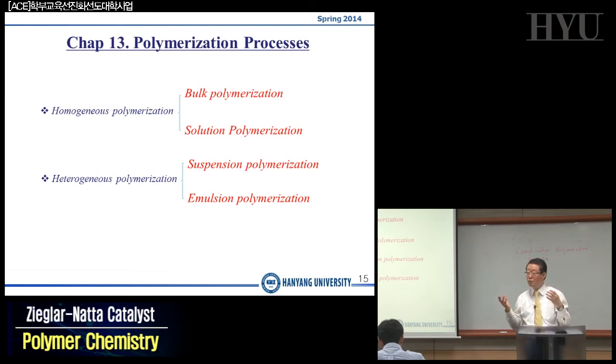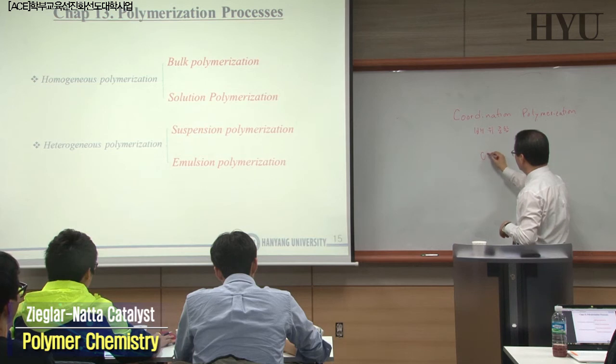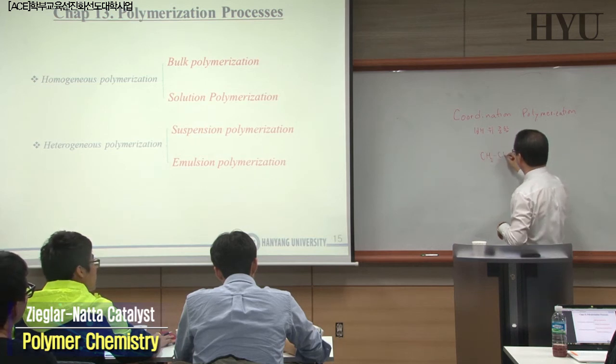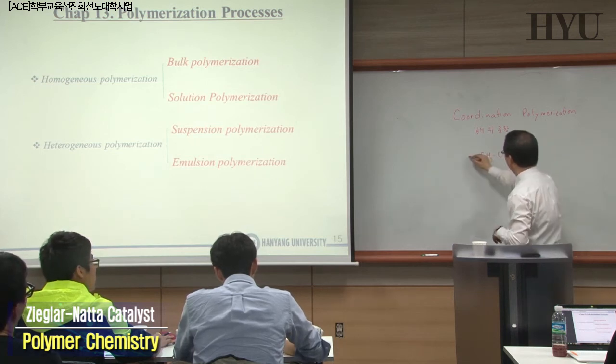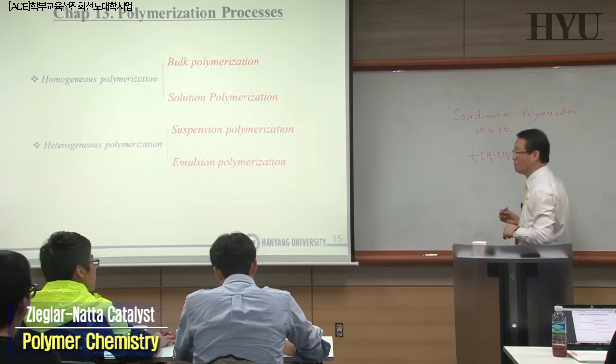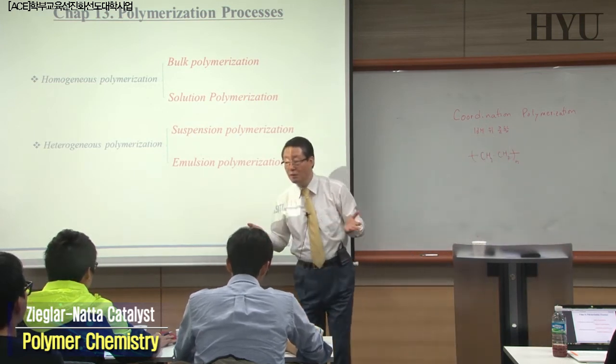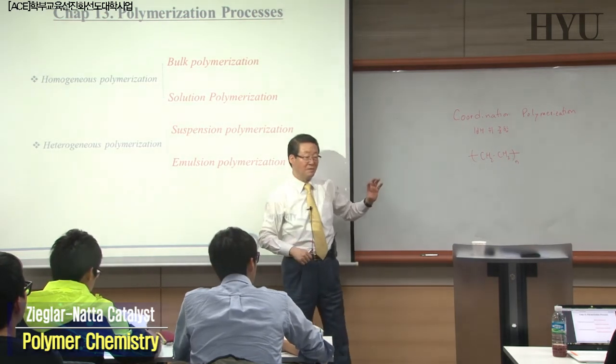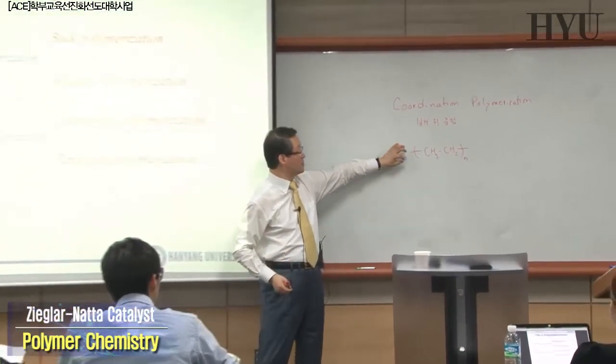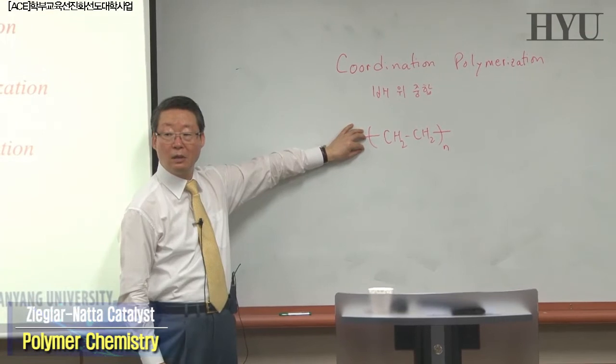Polymer is usually composed of monomeric units. Okay, when I write down ethylene, polyethylene, the structure of this polyethylene, then I just skip the catalyst systems, right?